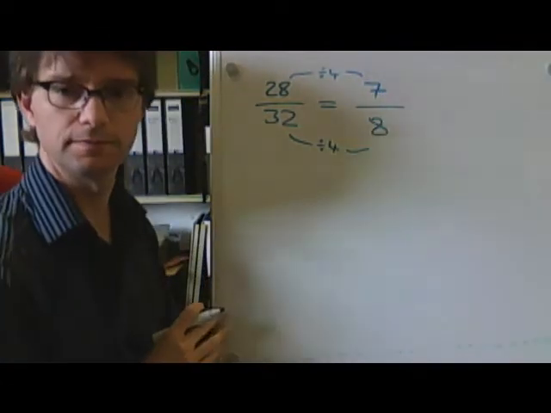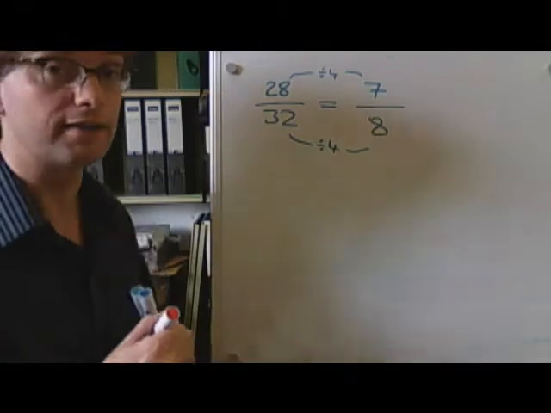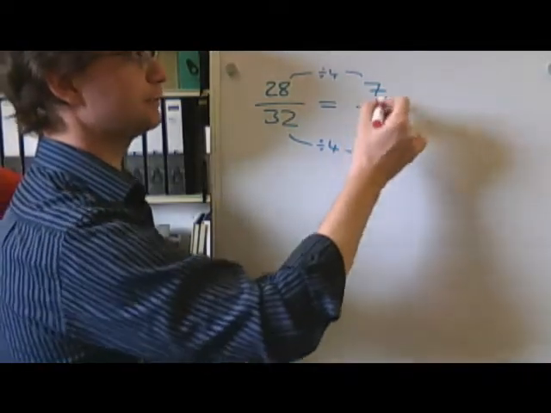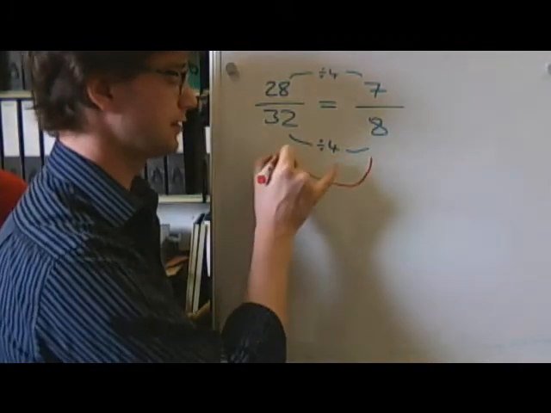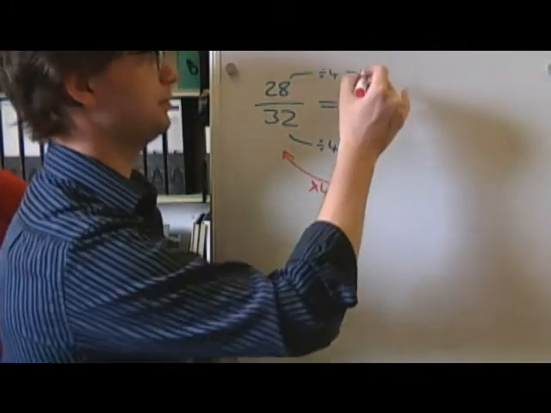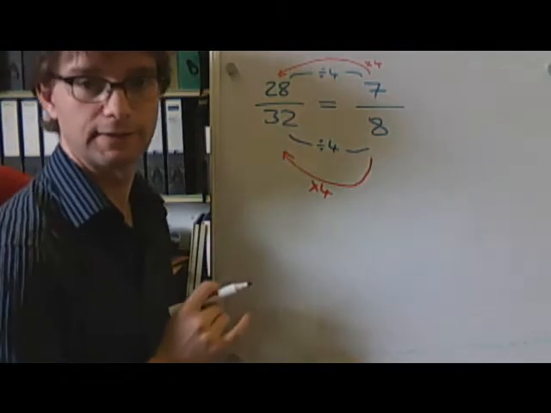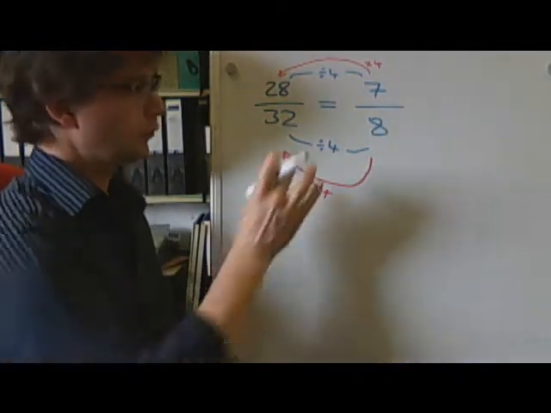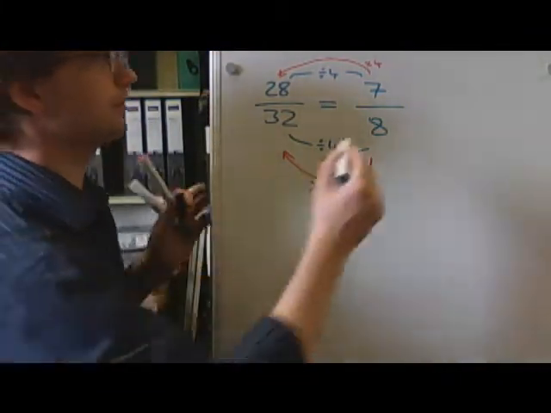I get 7. Well, the other way to think of it is, I could have got from 7/8 to 28/32 by doing multiply by 4, and multiply by 4 that way. We call this process cancelling down. We can cancel fractions down.